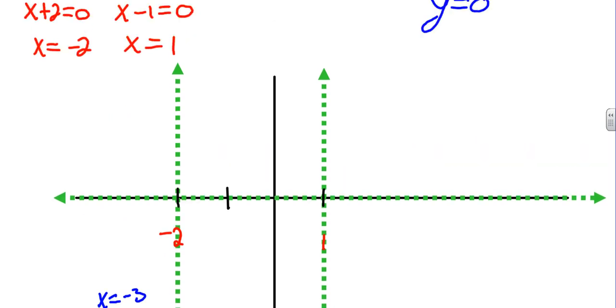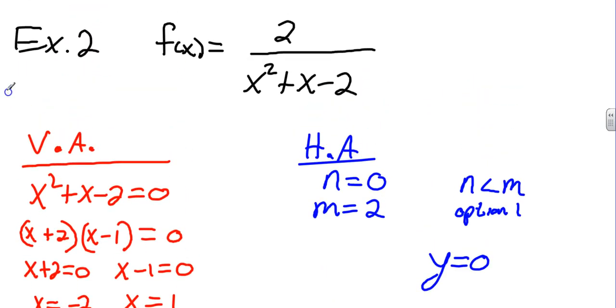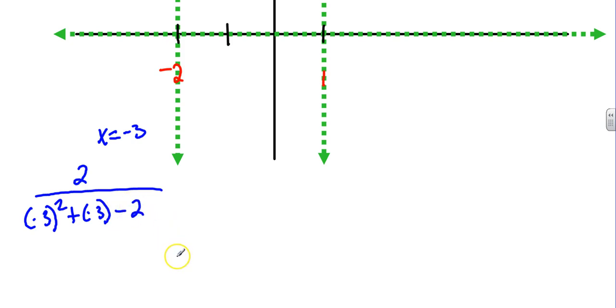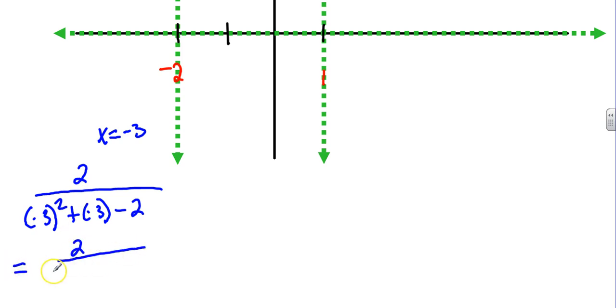Okay, so plug in -3 back up here, and let's see what we get. We get 2 over x squared plus -3 minus 2. So that is 2 over 9 minus 3 minus 2. 9 minus 3 is 6, 6 minus 2 is 4.